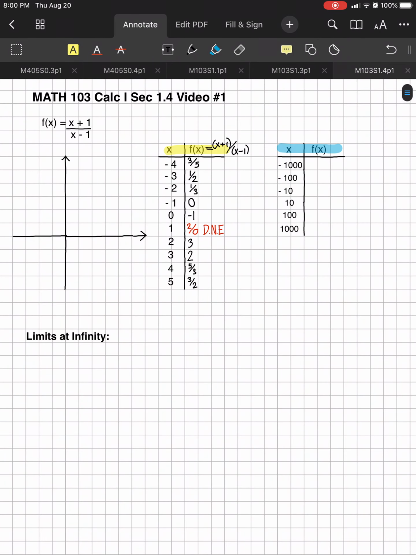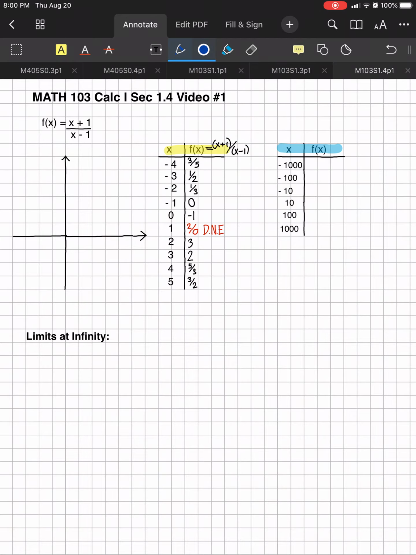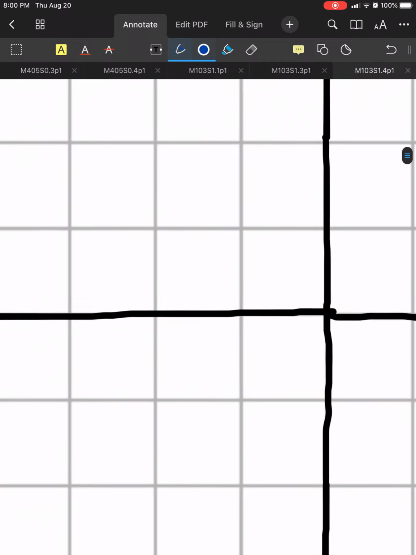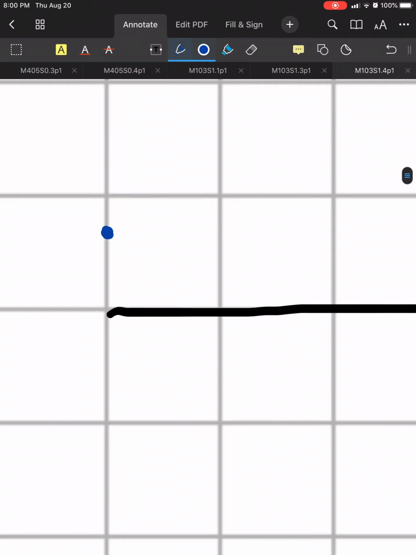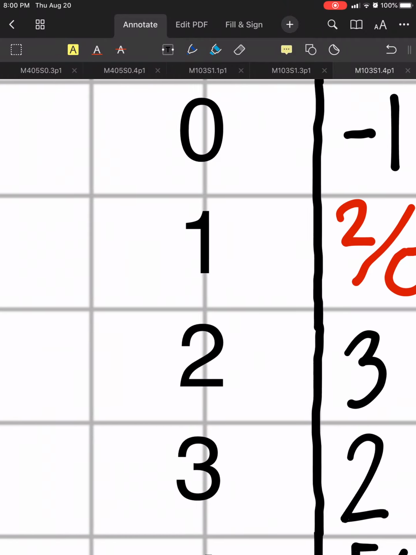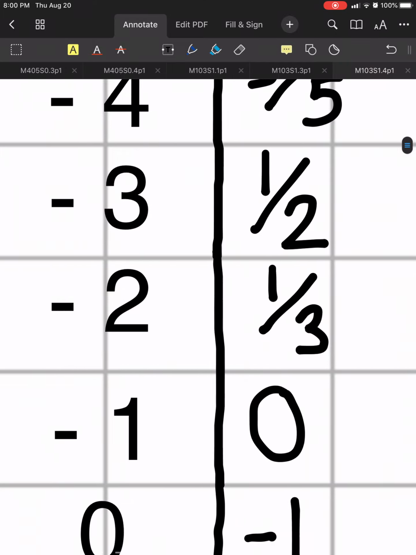We can go ahead and plot those on our graph. Let me put the points in blue. Okay, so negative 4, 3/5 is right about here or so. Negative 3, 1/2. Wait, let me make sure I'm doing this right. Yeah, negative 3, 1/2.